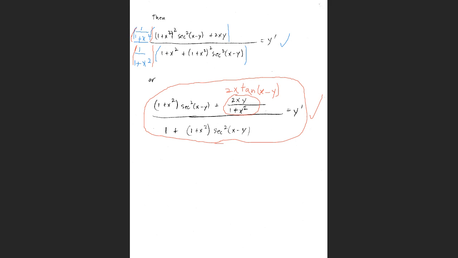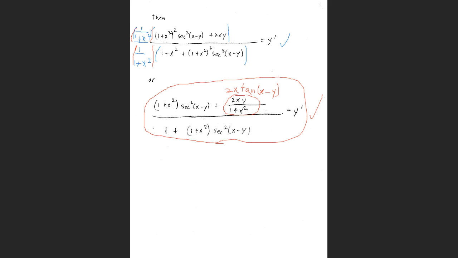And thank you, Nicholas. Ian says it accepts it unsimplified. So I would hope my answer, 2xy over 1 plus x squared, it would accept that, as opposed to the 2x times the tangent of x minus y.